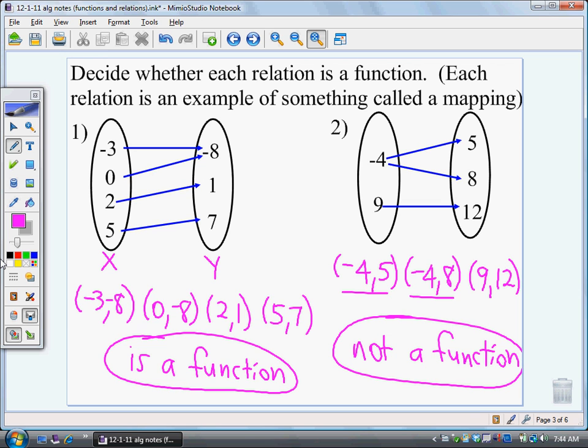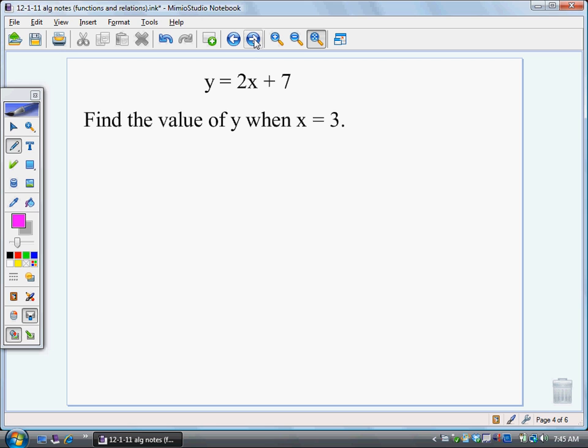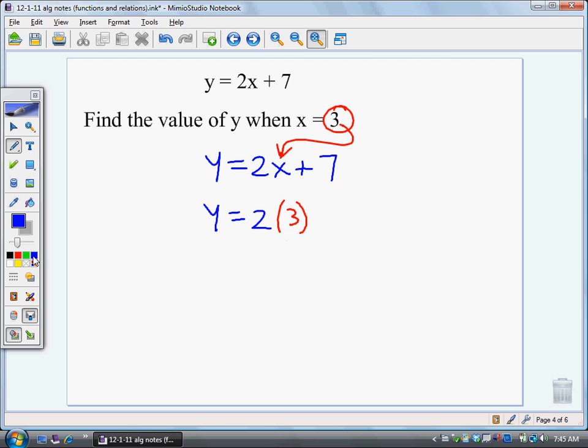First I'm going to go back and review something that everybody should be able to do. Find the value of y when x is 3. If I have y equals 2x plus 7, and x is 3, basically what we do is plug this number in right there, and then just evaluate.